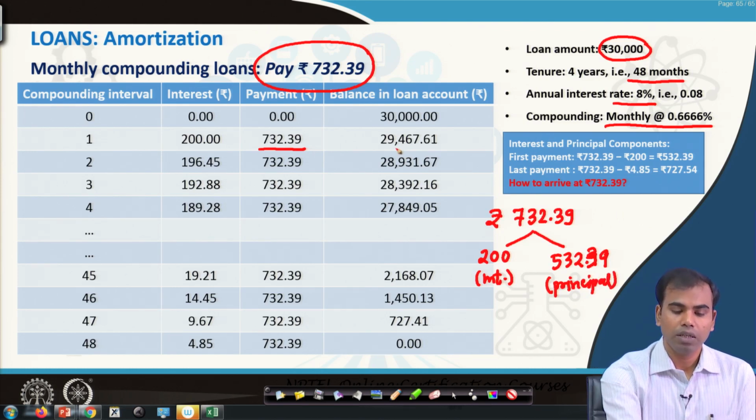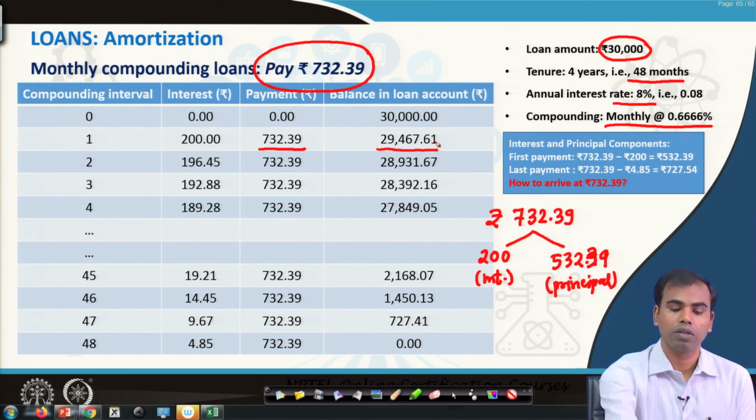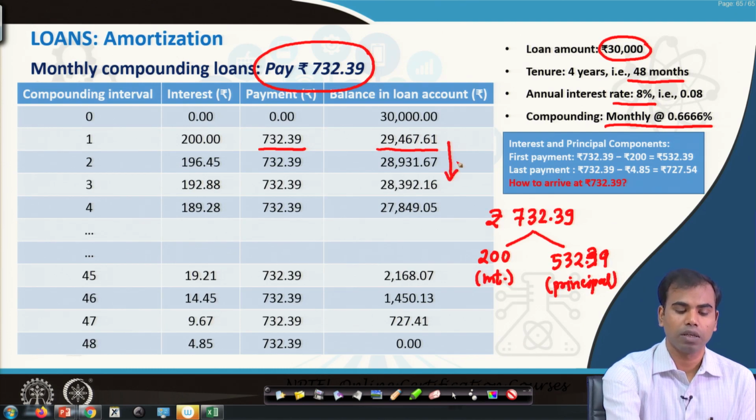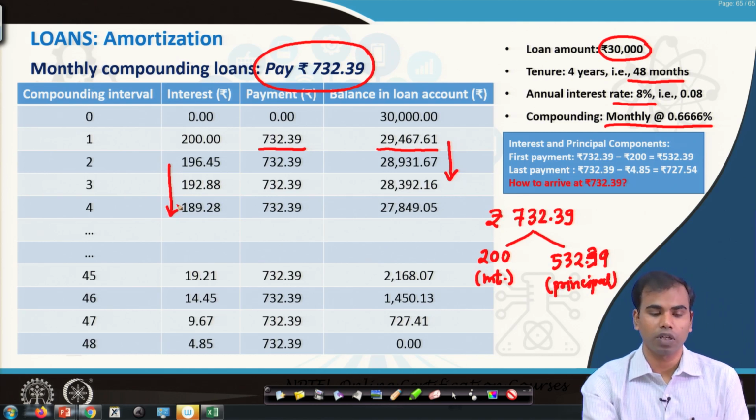Subsequently, the principal balance in the loan account keeps on decreasing, and as a result the interest charges also keep on decreasing.